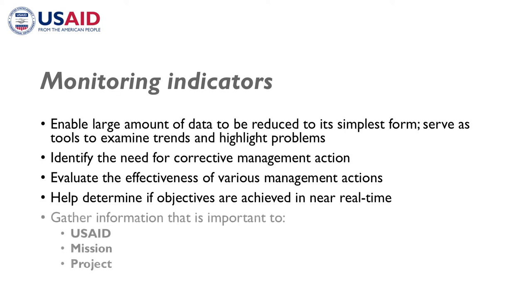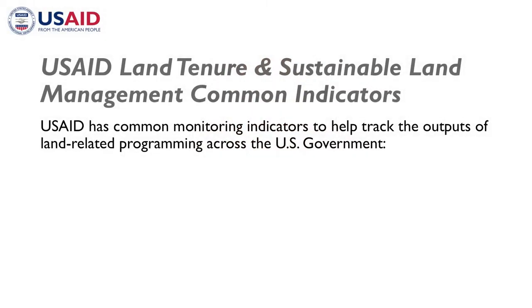And they help gather information that's important all the way from USAID globally to specific missions to the project level. USAID has developed a set of common monitoring indicators for tracking the performance of our land tenure and sustainable land management programming across the U.S. government.